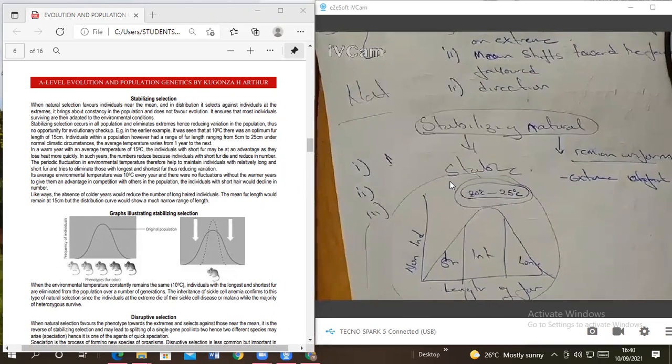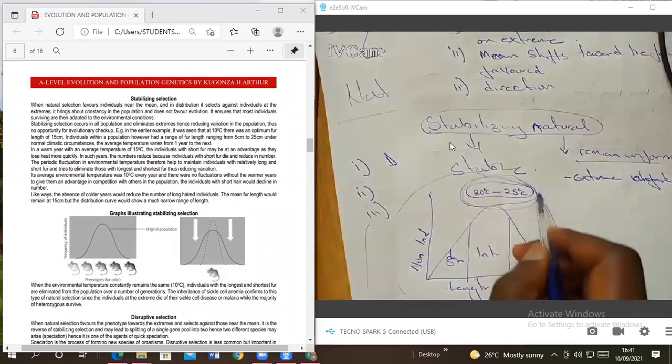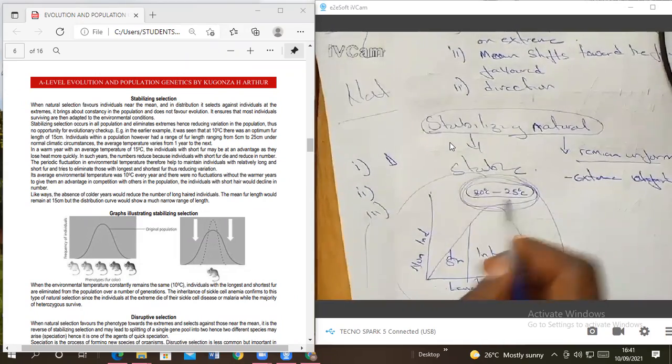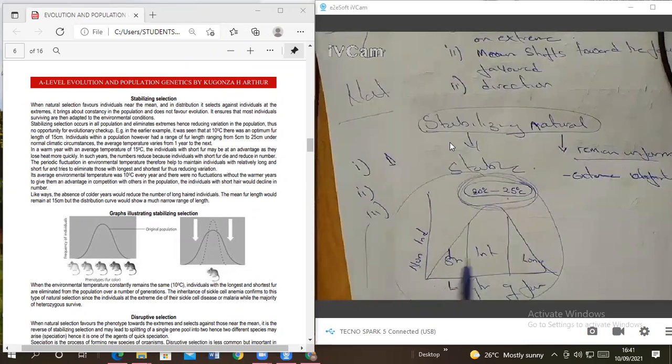When the environmental conditions remain for that long period of time, which individuals will be favored more? The short, the intermediates, the long, when the environmental factor, the selection pressure, remains stable? Which ones will be favored and selected to interbreed? Long, intermediates, short. Hands up.